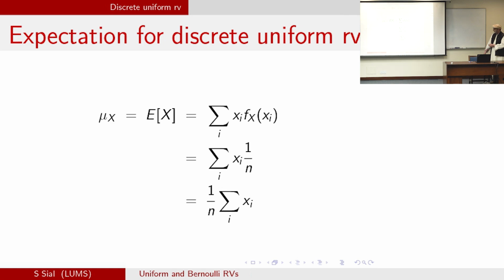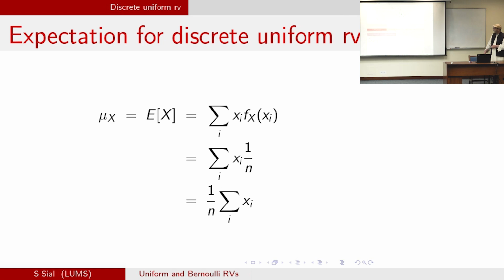So it's the summation over the xi's times 1 over n. 1 over n is a constant, right? Remember, n is the number of possible values that x can take, all with equal probability. So you pull out the 1 over n.